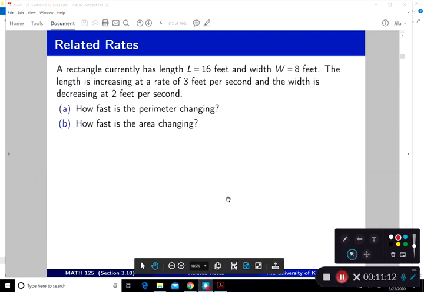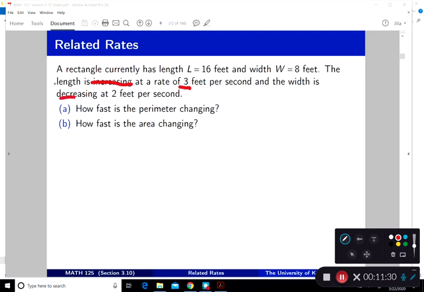Another problem. A rectangle currently has length L equal to 16 feet and width W equal to 8 feet. The length is increasing at a rate of 3 feet per second, and the width is decreasing at a rate of 2 feet per second.